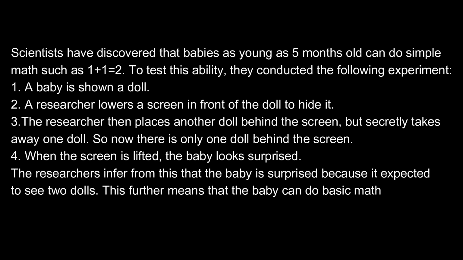The researcher then places another doll behind the screen, but secretly takes away 1 doll. So now there is only 1 doll behind the screen. 4. When the screen is lifted, the baby looks surprised. The researchers infer from this that the baby is surprised because it expected to see 2 dolls. This further means that the baby can do basic math.